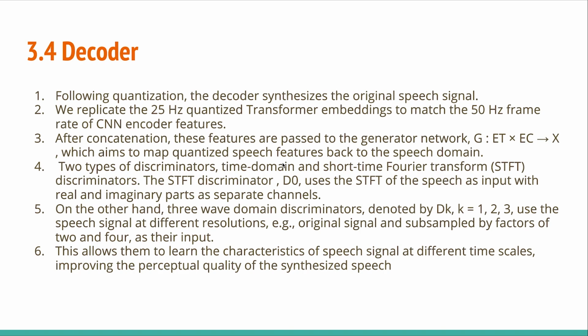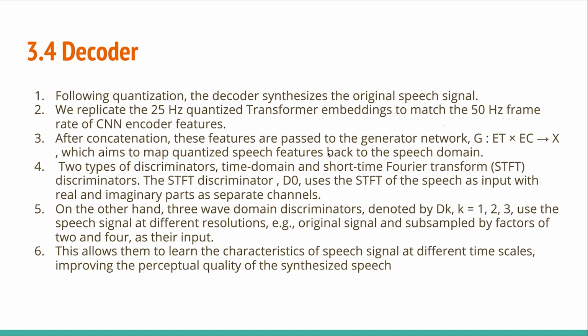Now, the decoder, like I said, is a GAN, right? A generative adversarial network. It synthesizes the audio which is spoken to the encoder at the start, right? A generative adversarial network, as you know, will have a generator which will generate the audio, and there is a discriminator which will tell whether the synthesized audio is real or fake, right?